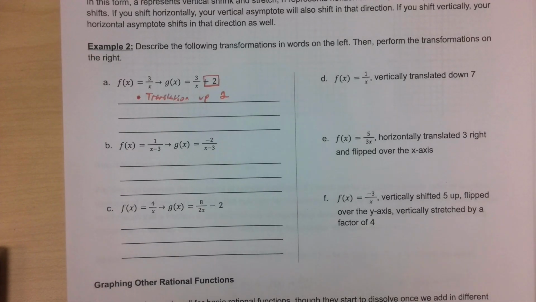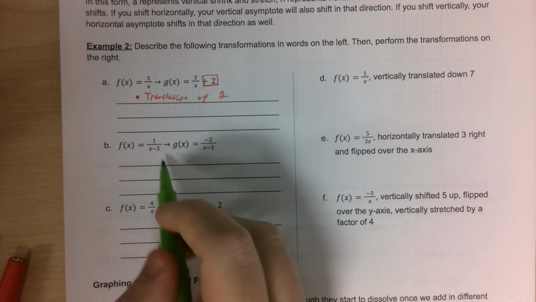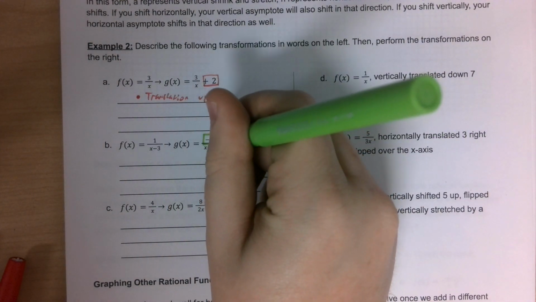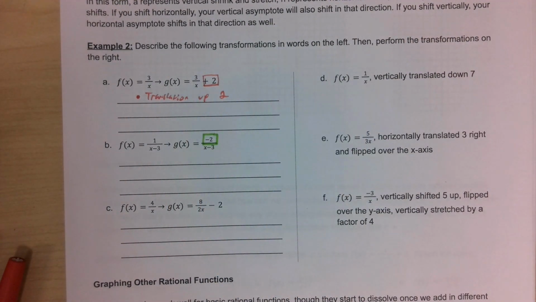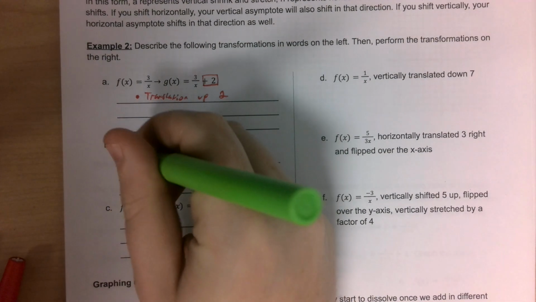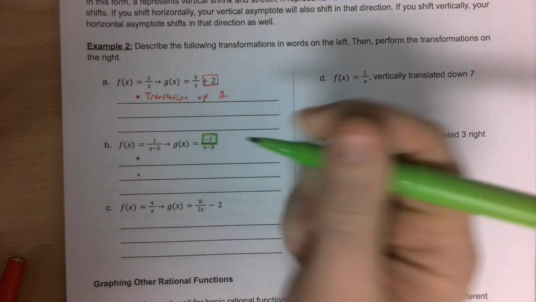Let's look at the next one. Again, let's see if we can spot the difference. Well, the only difference is, it was originally 1 over x minus 3. Now it's negative 2 over x minus 3. So this negative 2 is the transformation. We've multiplied by negative 2. Since we multiplied the output by negative 2, we know there are going to be two transformations.